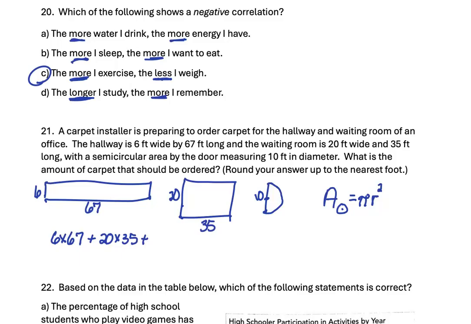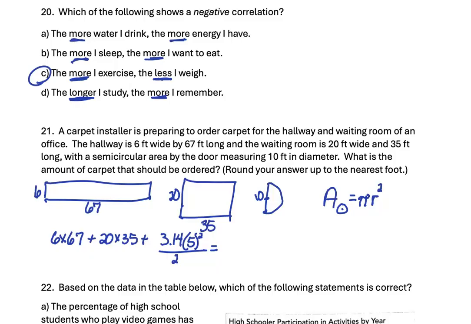So the area of this semicircle is going to be 3.14, that's the pi, times 5 squared. But it's a semicircle, so it's only half that, so we're going to divide that answer by 2. This is the way we set it up: a rectangle plus this semicircle. The rest is a matter of just typing into our calculator.